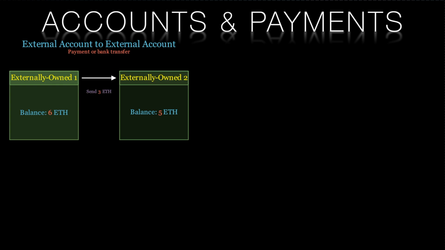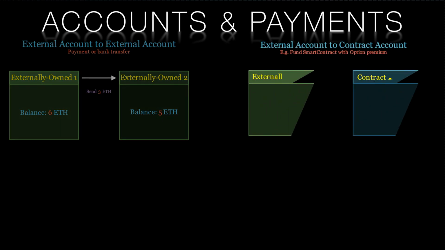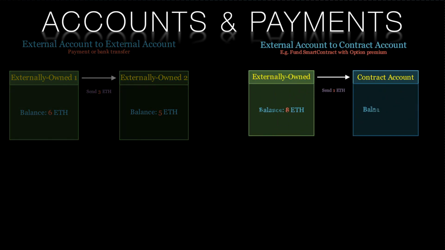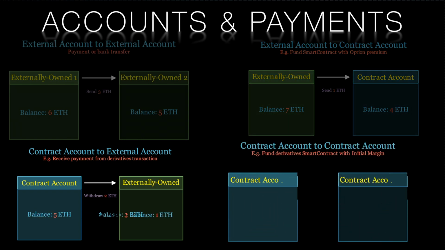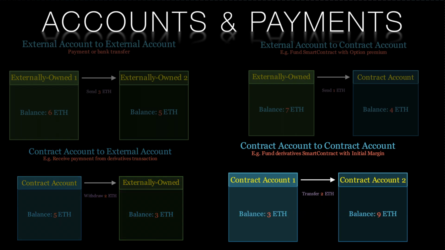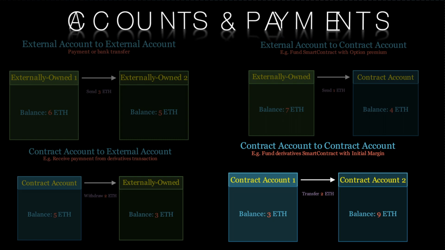These include simple payments, which in Ethereum are transfers between externally owned accounts, or they can be more complex, such as funding a contract, withdrawing funds from a contract, or transfer of funds from one contract to another. The various modes of asset transfer are shown on your screen. All of these use cases are supported natively and simply on the Ethereum blockchain.